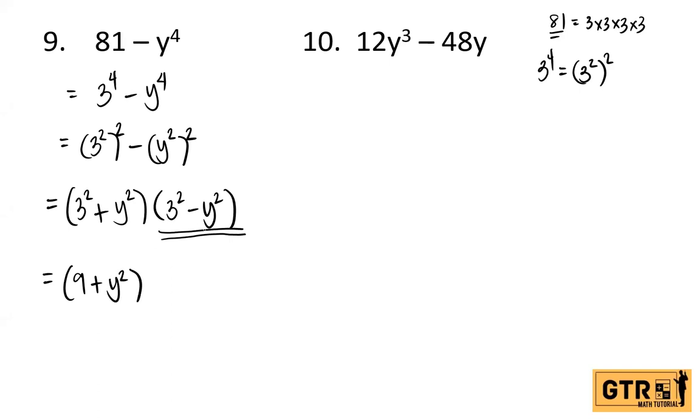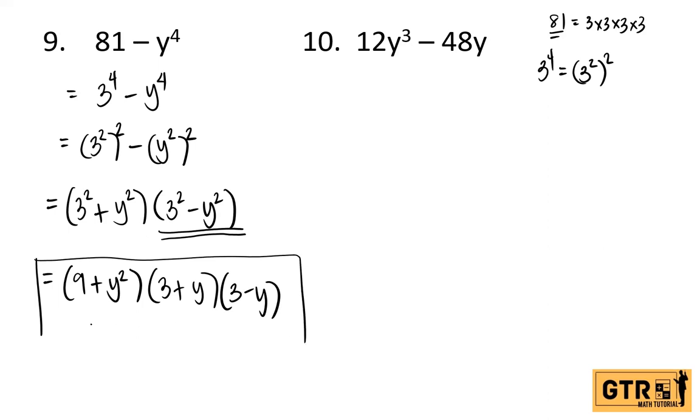Tapos itong isa, pwede pa nating i-apply dito yung difference of 2 squares ulit. Kasi 3 square minus y square. So therefore, ano ang factor na to? Tanggalin lang yung square. So that is 3 plus y and then times 3 minus y. So ito na yung kompletong factor niya. Okay, so dalawang beses nating in-apply kasi to the fourth ang power natin.